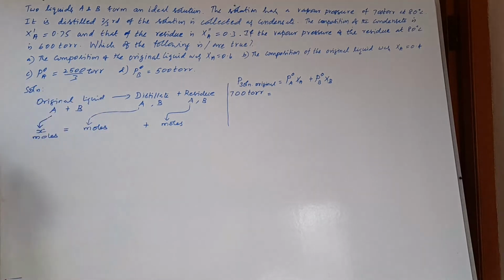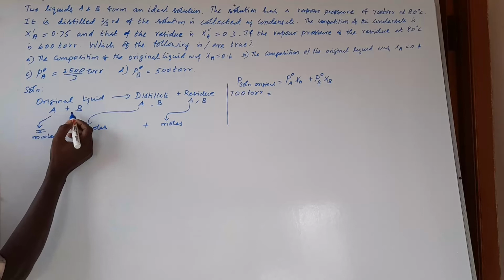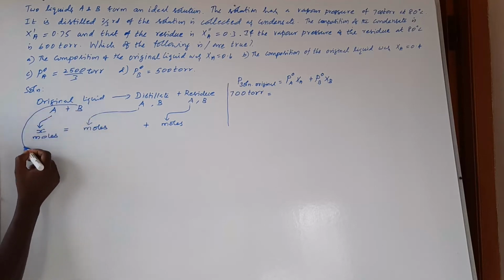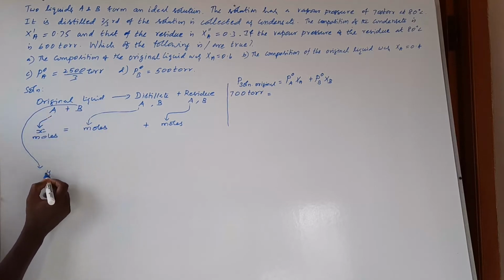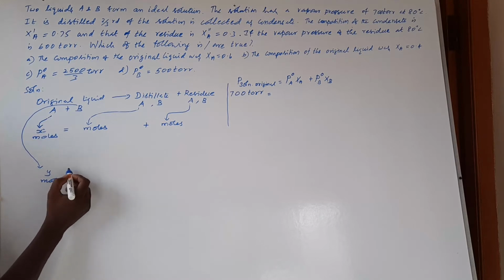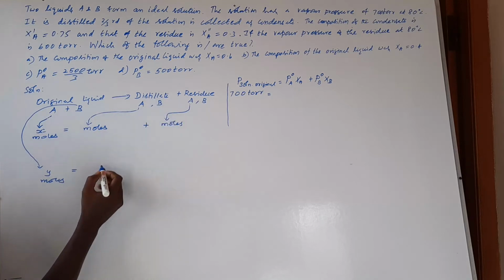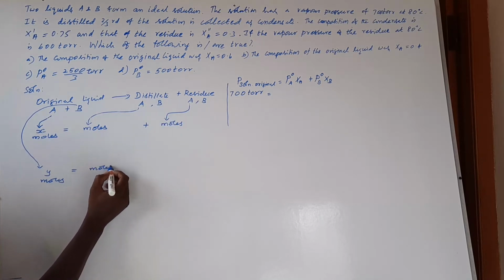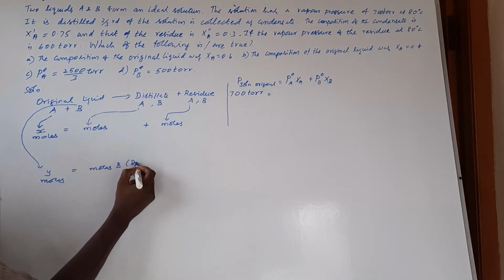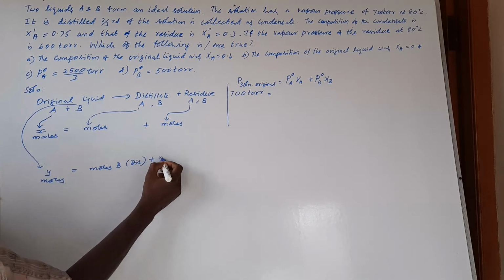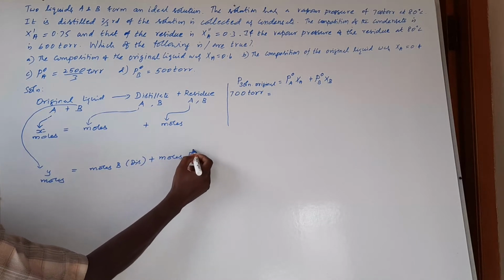Therefore, we will consider B also. So here B is equal to Y moles we will take. Here B number of moles is equal to number of moles of B in the distillate plus number of moles of B in the residue.